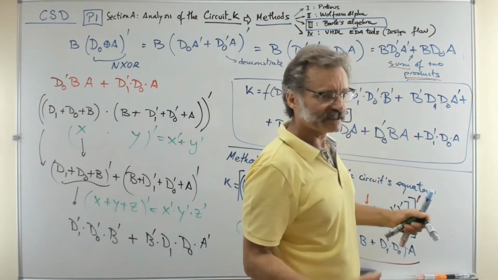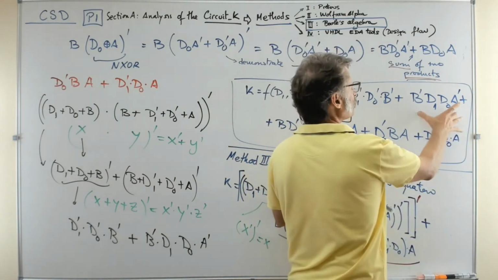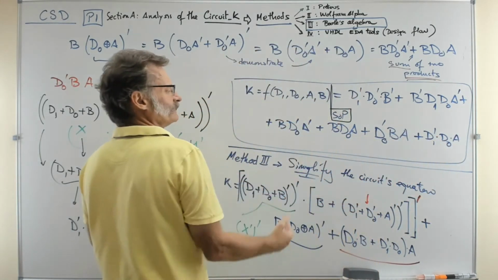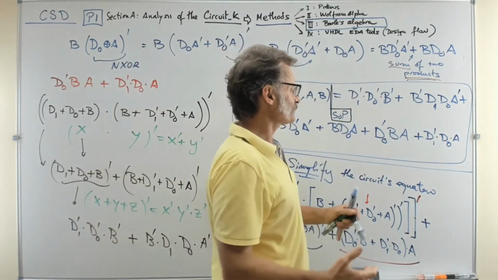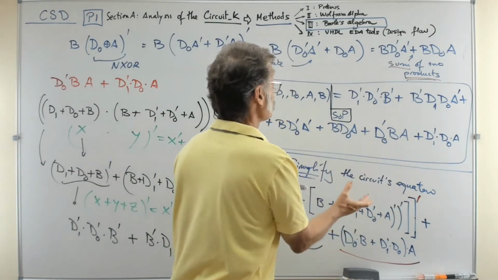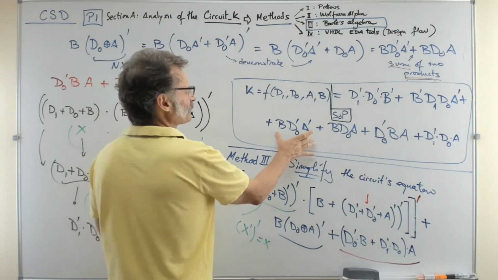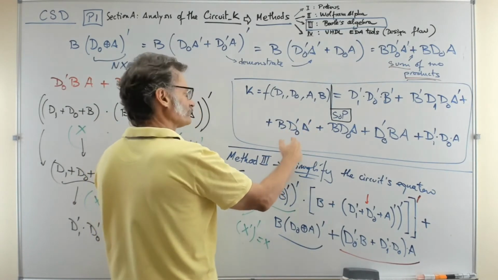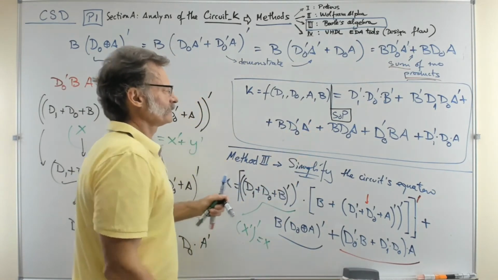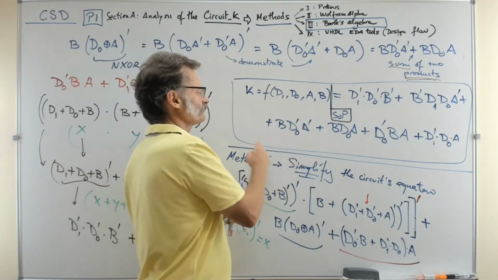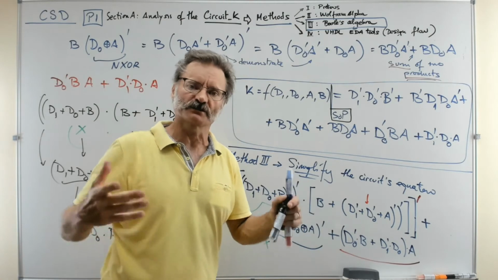So this is a single minterm, right? But not the others. The others, in order to get minterms, have to be modified in some way or another to add the missing variables in each one. So from a term like this, you can introduce the d1, so in the end you have two minterms instead of this simple product. And if you have two minterms, you have two terms in the truth table.